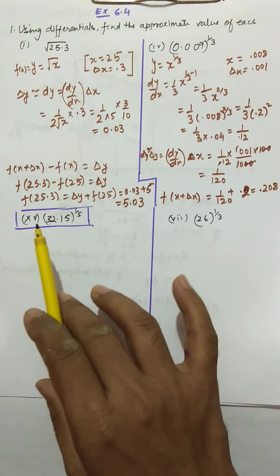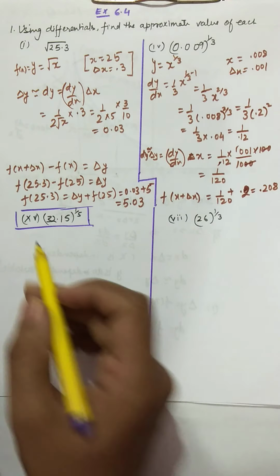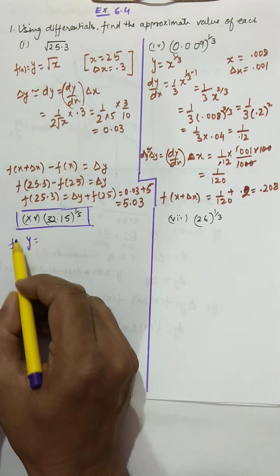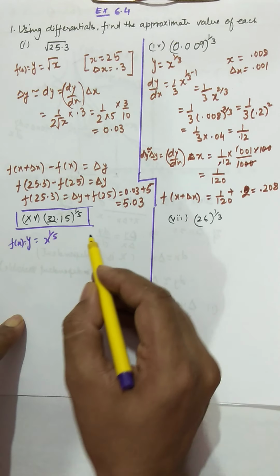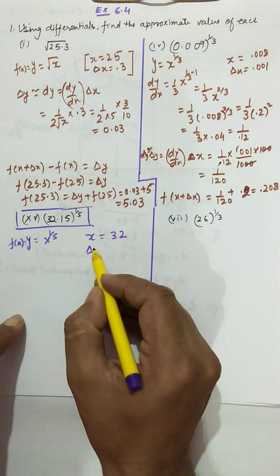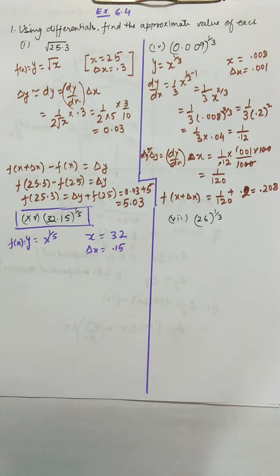Now this is our 15th question, 32.15, and the exponent is 1 by 5. So you see that first we'll take y, or you say f(x), as x to the power 1 by 5, and we have to choose x, you choose 32, and delta x will be 0.15.